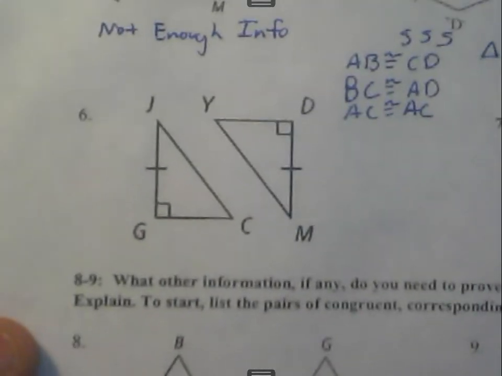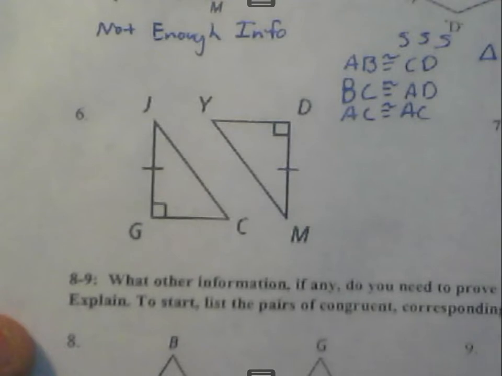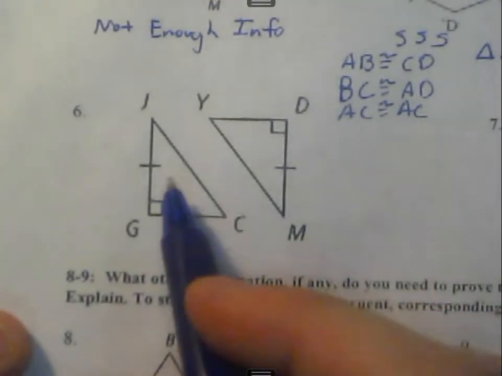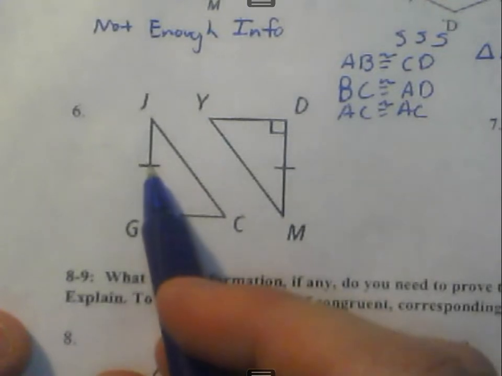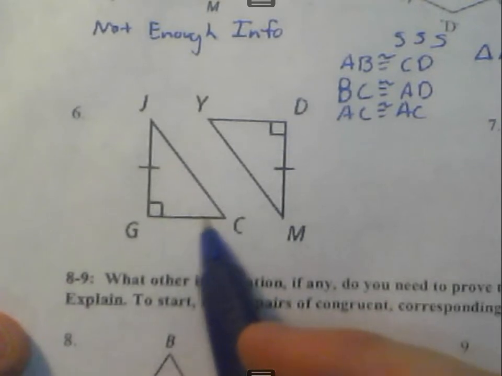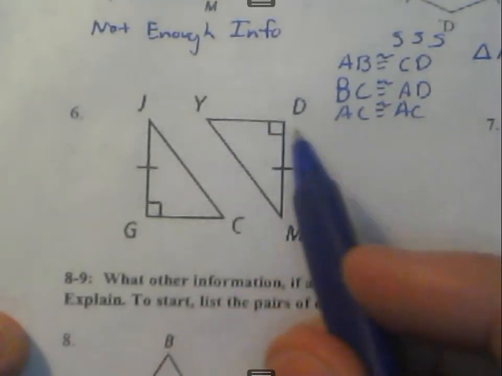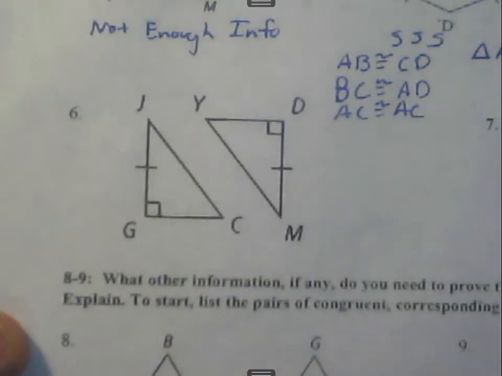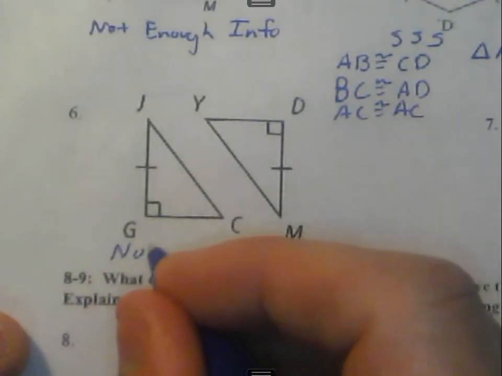All right, number 6. If you look at number 6, using side, side, side, or side angle side, we have an angle, we have a side. Unfortunately, I would have to either know this side right here is congruent to this side right here, or I'd have to know that this side is congruent to this side. So again, we have one that is not enough information.